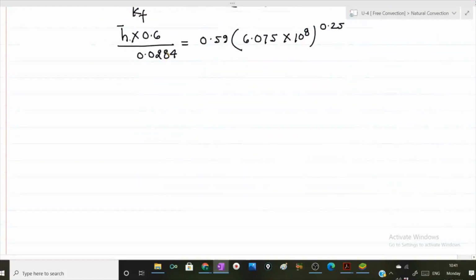This is the value of heat transfer coefficient in case 1. So from here the value of average heat transfer coefficient in case 1 comes out 4.384 watt per meter square Kelvin.